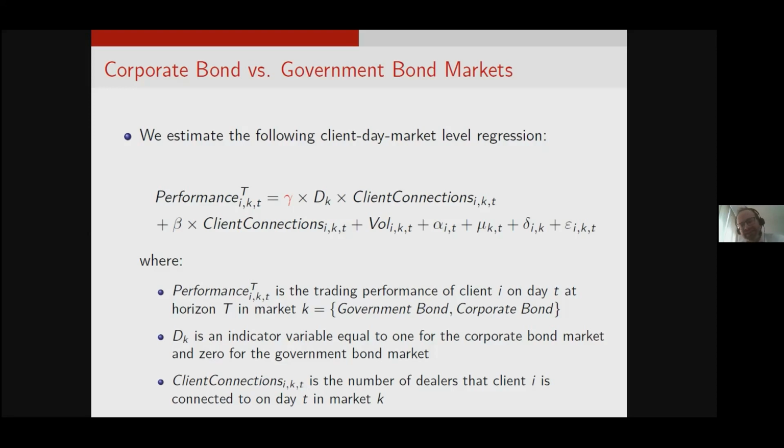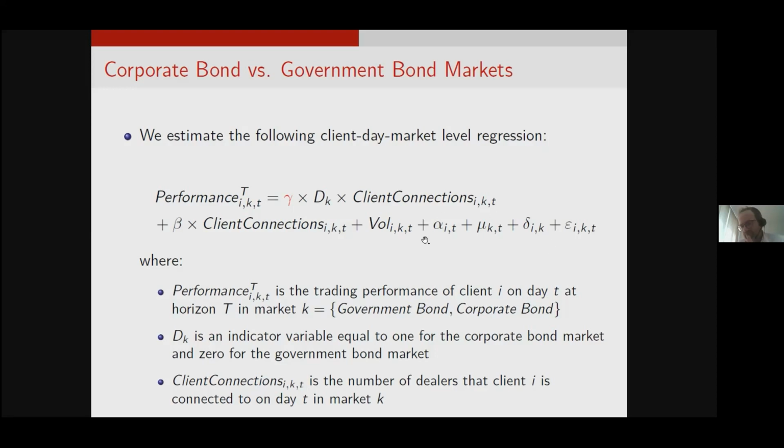Here, that selection issue is taken care of because now we're looking at roughly 600 traders in our data set who simultaneously trade both in government bonds and corporate bonds. So in this variant of our baseline regression, we're comparing the performance of client i on a given day t in bond k, and k here can be the government bond or the corporate bond market.